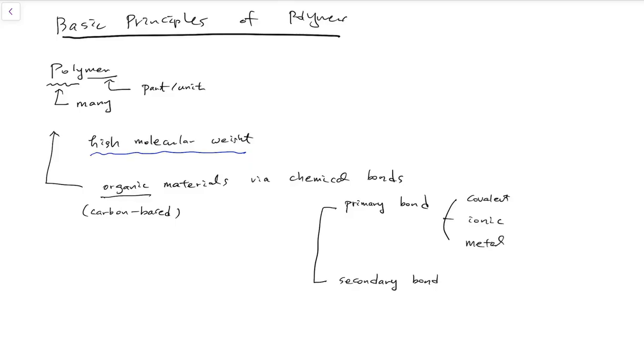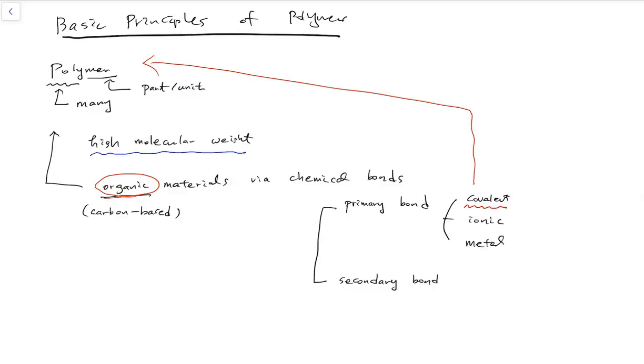Since polymers are basically organic materials, and almost all organic materials consist of covalent bonds, polymers are basically formed by covalent bonds between different carbon-based units.